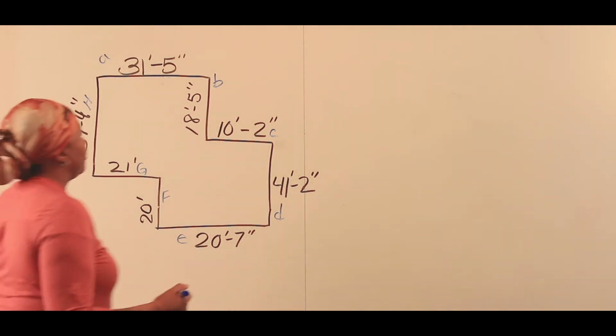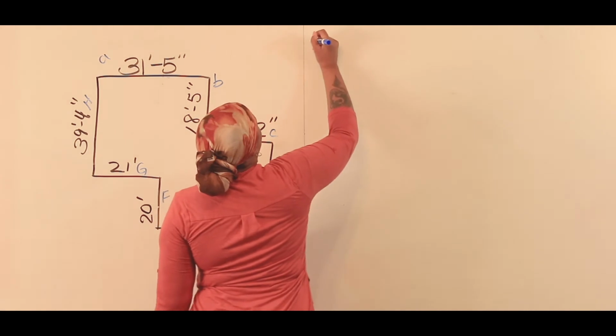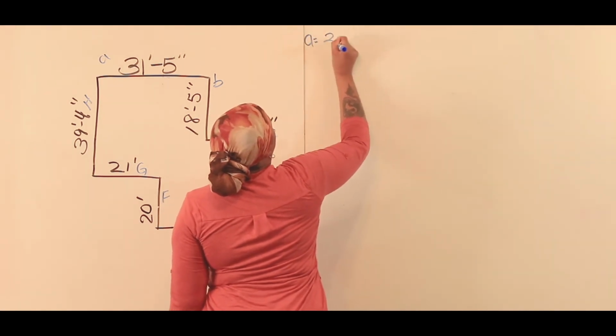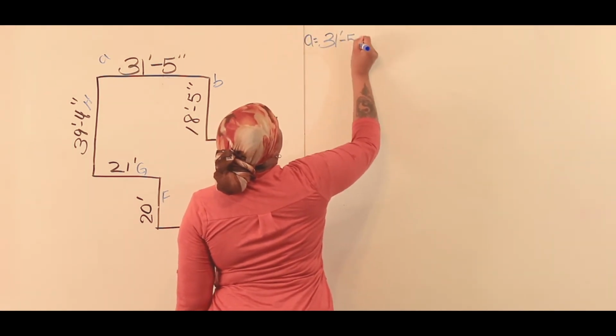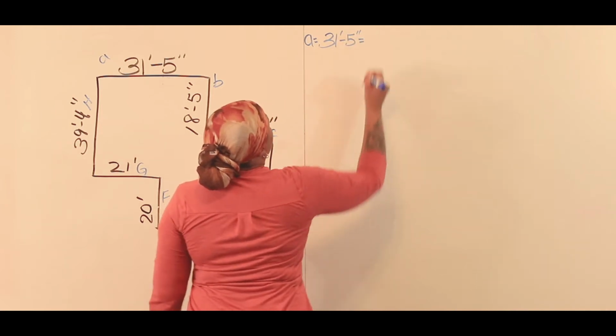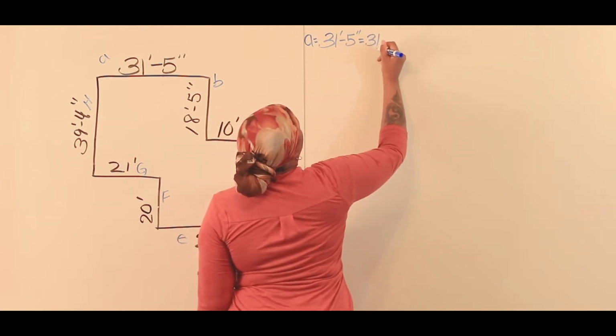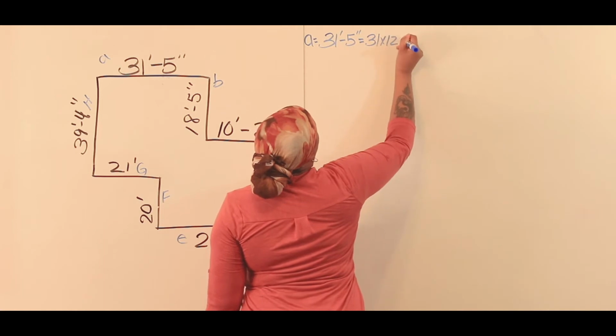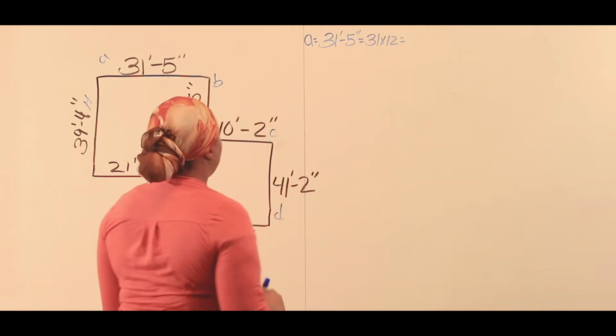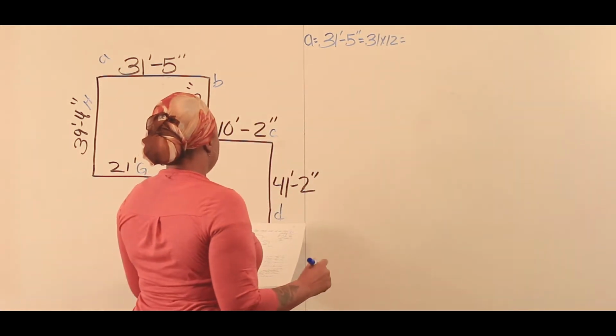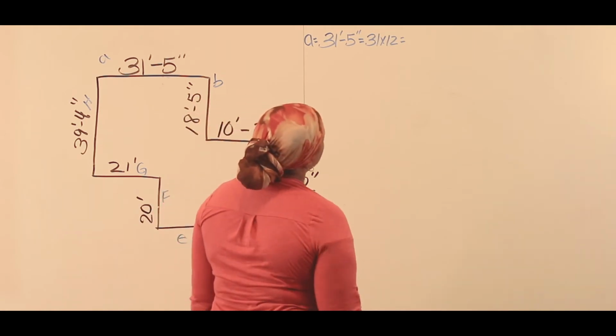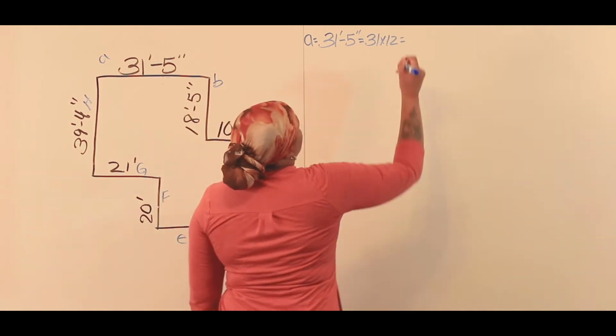We got 31 feet 5 inches. So I'm going to do 31, convert feet to inches by multiplying by 12. 31 times 12 is 372.